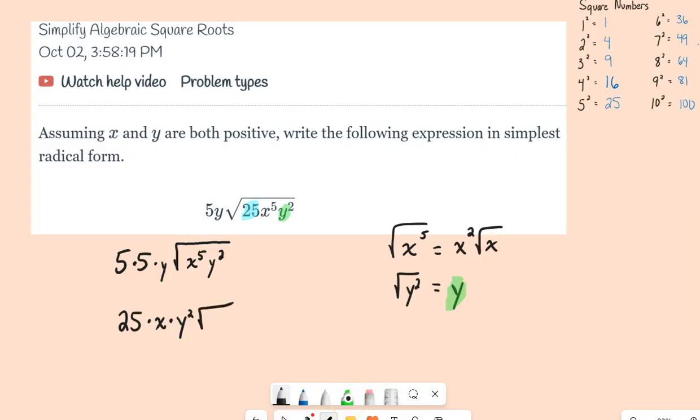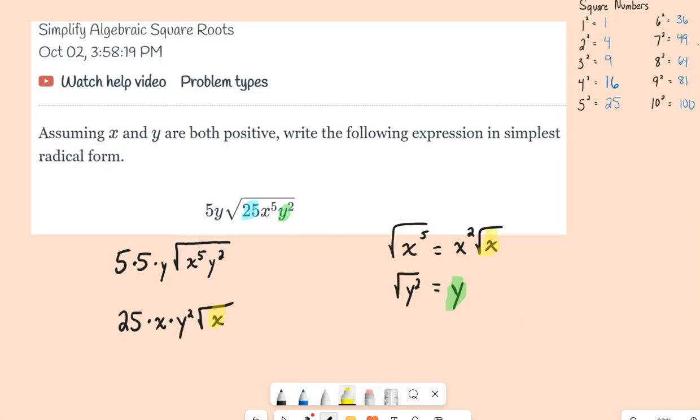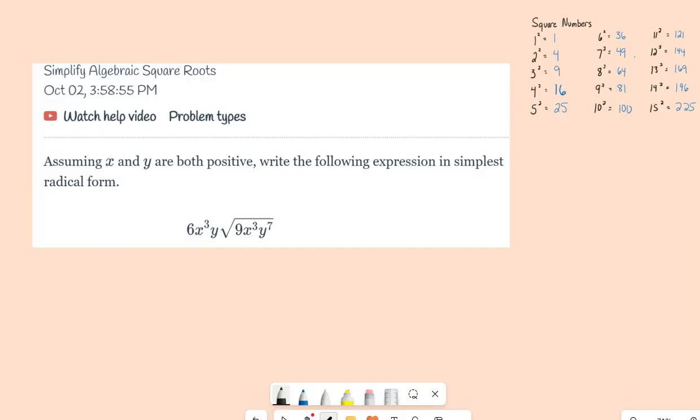And then there's going to be one more x here that we were unable to get rid of. I'll show you where that's coming from. Let me just highlight that. So now we just kind of put it all together. It's 25 times x times y squared times the square root of x. All right, go ahead and do this one, and then I'll be back with my solution in just a moment.